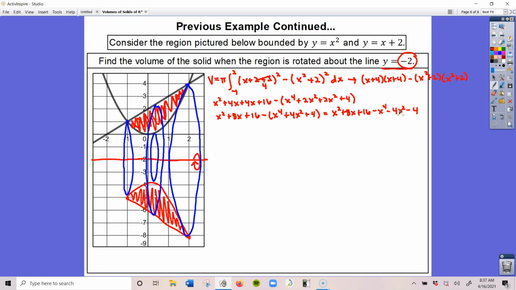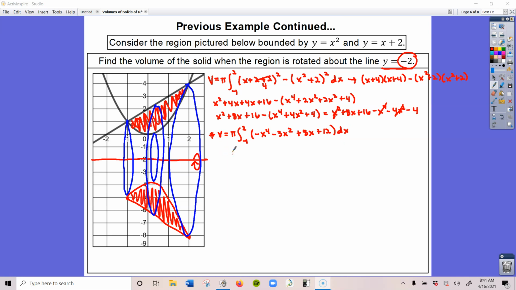So this is going to be what I'm going to integrate. So I am going to rewrite my volume equation now with my terms in order and combined. So we have the negative x to the fourth. Then I have x squared minus 4x squared, which is minus 3x squared. Then I have the 8x, so plus 8x. And 16 minus 4 would be plus 12.